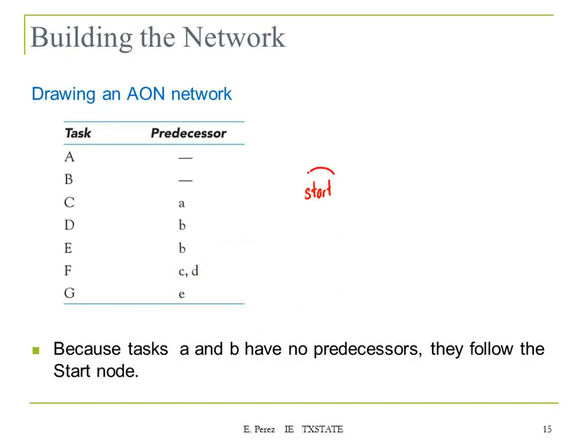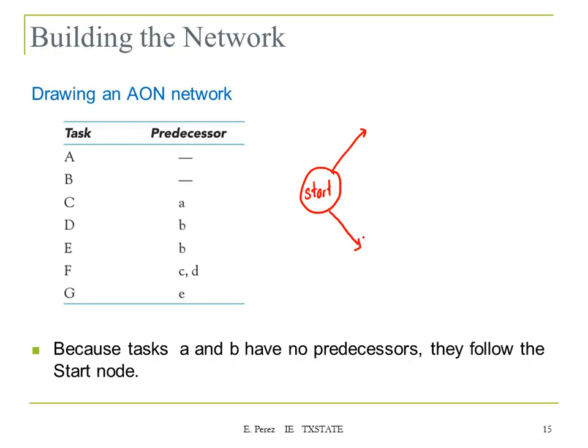Start. And for the first two activities, there's nothing tying them. So these are my first two activities. So they're going to start at the same time, and they're going to come from here, from the start. So we're going to have two arcs.